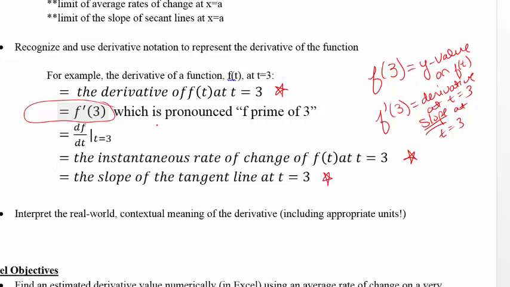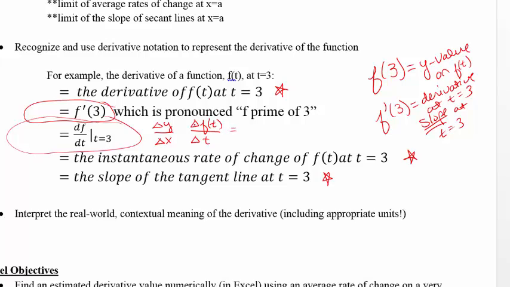An alternate notation, we won't use it as much, but we will use it now and then, is df dt at t equals 3. Now that might look confusing, but it really comes from this idea of change in y over change in x. Remember that a rate of change is a slope. If your function is f of t, it's like change in f of t over change in t.